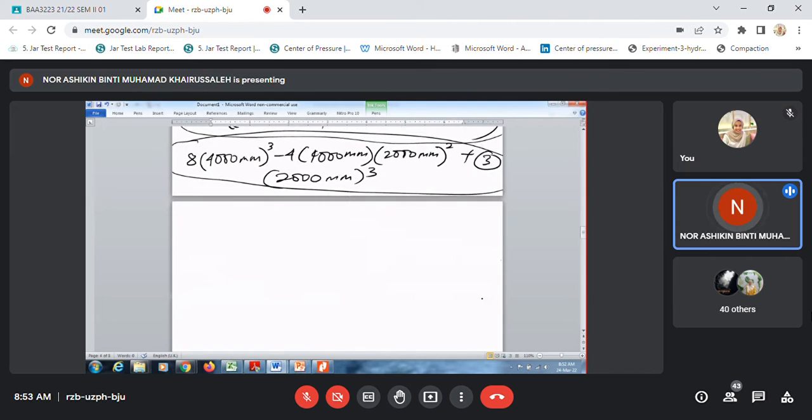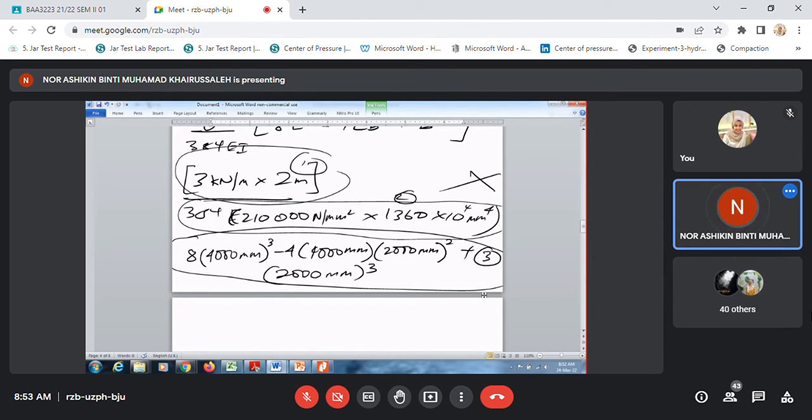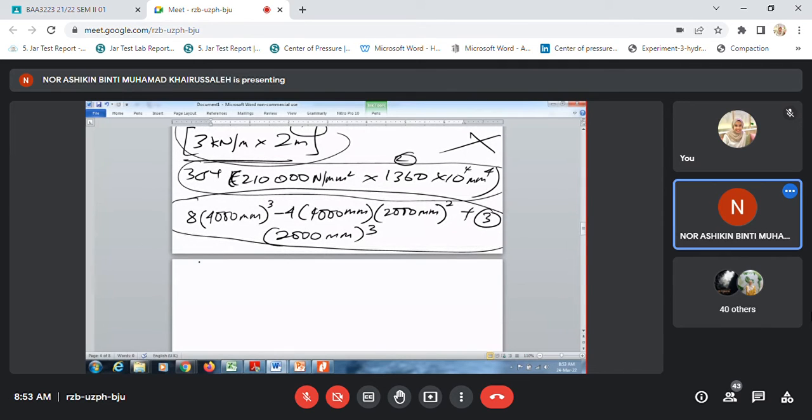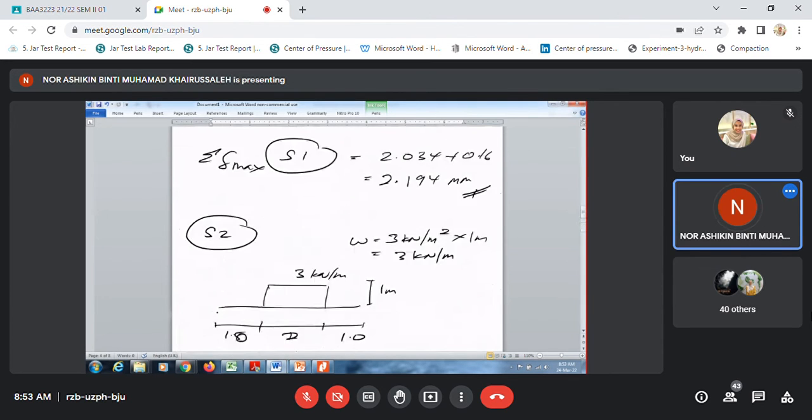So what is the 1? So 1 is easy. So 6 kilonewton. Okay, so what is 2? What is 3? So what is the 2? It's the same values with this one.